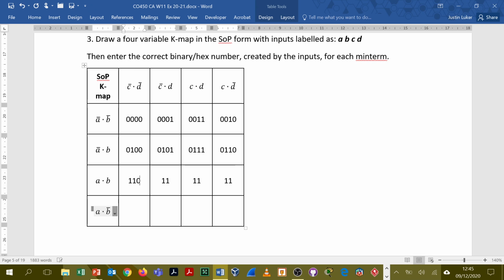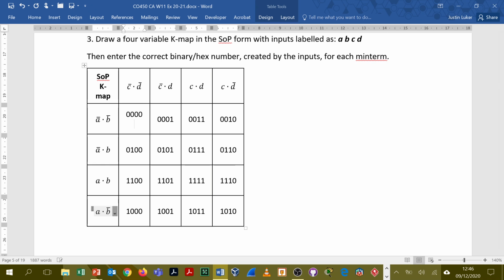And then C and D are 0, 0, 0, 1, 1, 1, and 1, 0. And then here we have 1, 0. So 1, 0, 1, 0, 1, 0. And in the last 2, so 1 is 0, 1, 1, 0, 1, 0, 0. So those are all the binary numbers worked out.